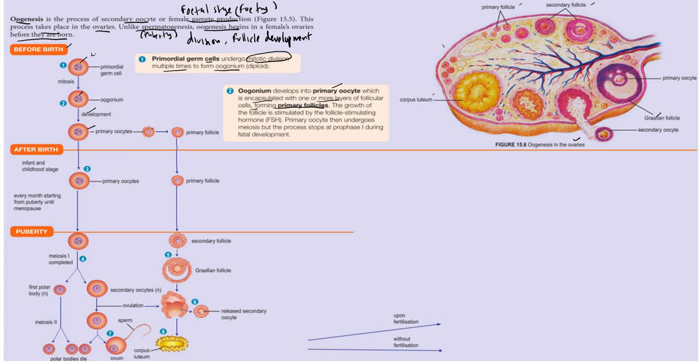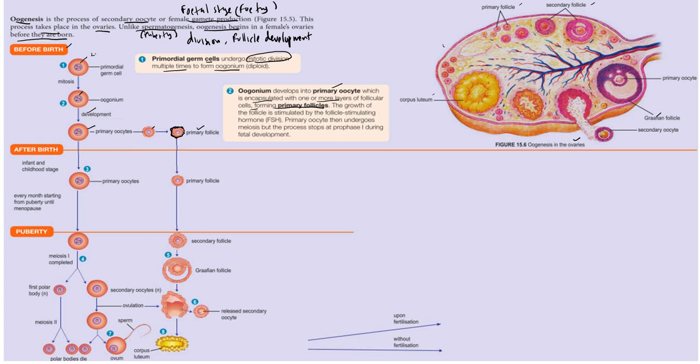When the primary oocyte is encapsulated, a layer forms around the primary oocyte. Now this structure is known as the primary follicle.